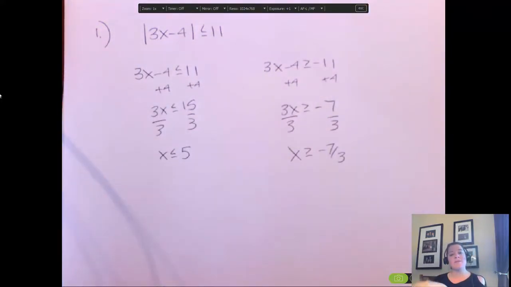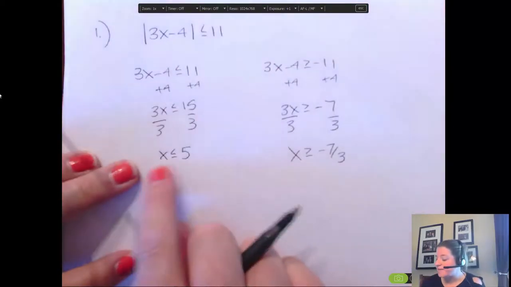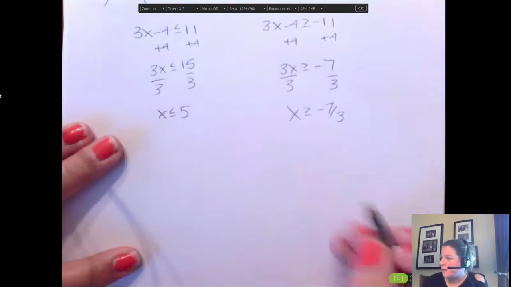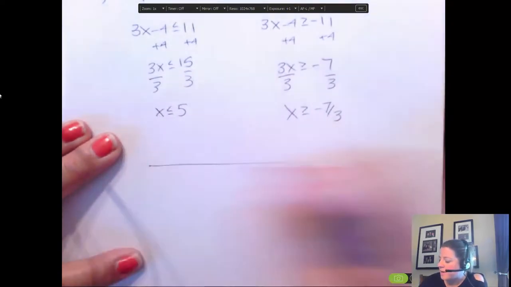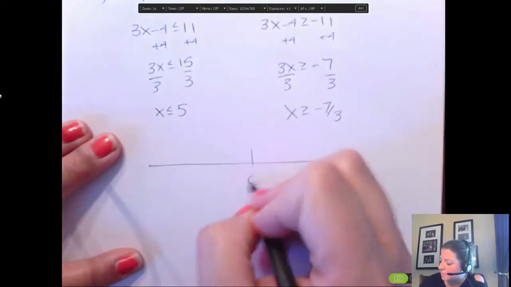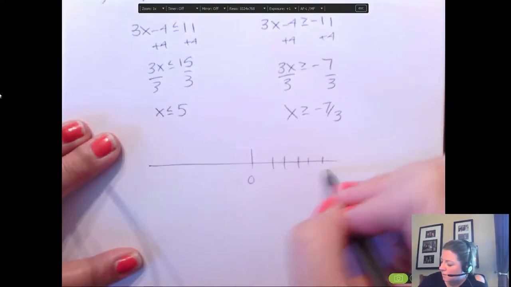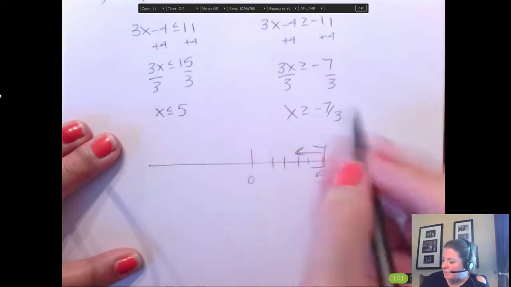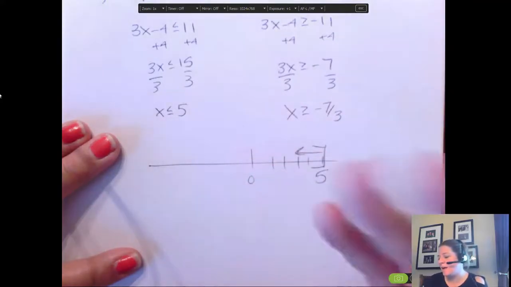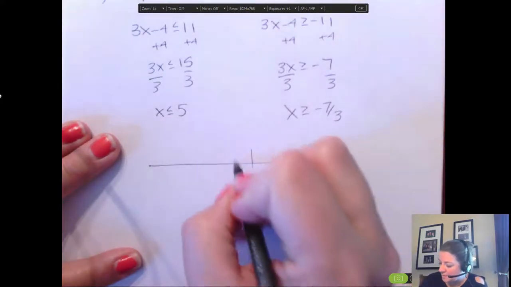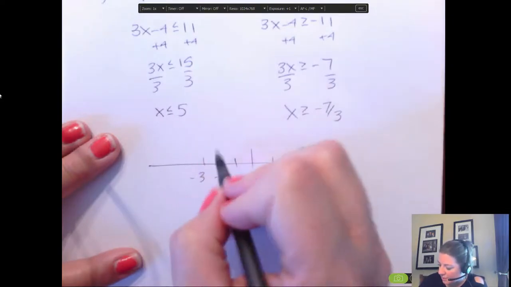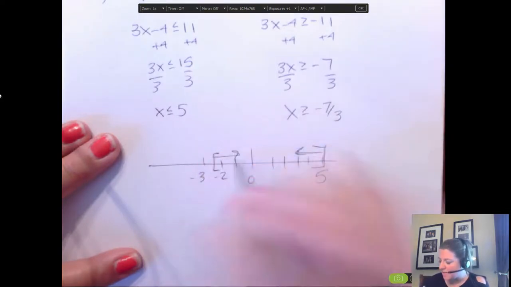All right, so from here you can see x is less than or equal to 5, but greater than or equal to negative 7/3. On a number line, we would have the square bracket, and you're less than 5. And remember, 3 goes into 7 two and a third times. So it'd be about, here's negative 2, here's negative 3, about a third past that, and you're saying you're greater than.